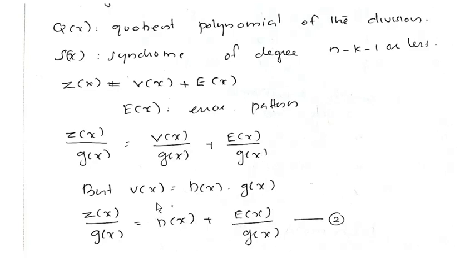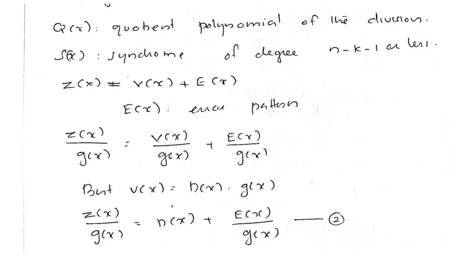But we know that a valid code vector is the multiplication of the message polynomial and the generator polynomial, that is v of x equal to d of x into g of x, where d of x is the message polynomial. So we can replace v of x with d of x into g of x. The g of x cancels, remaining d of x plus e of x by g of x. That is our second equation.